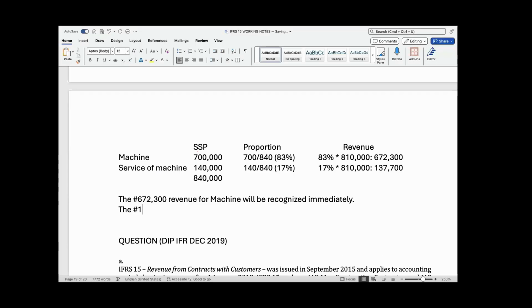The 137,700 revenue for service of machine will be recognized over how many years? 2 years.